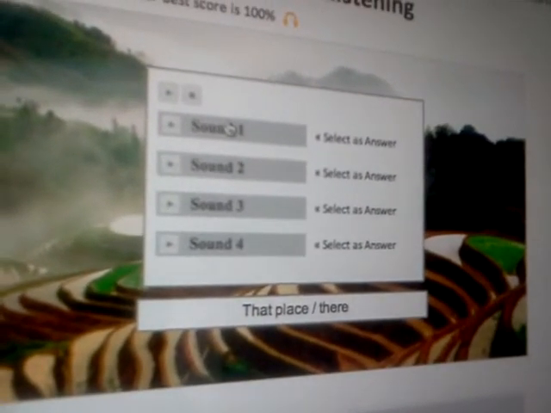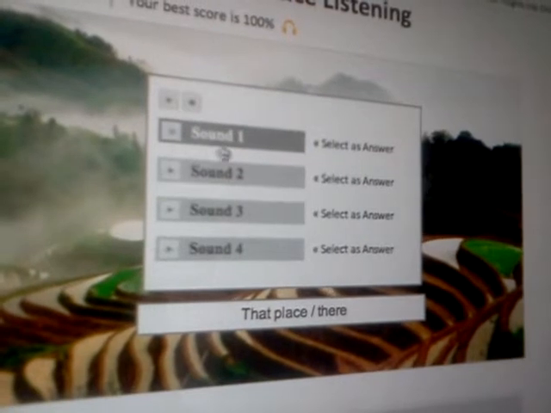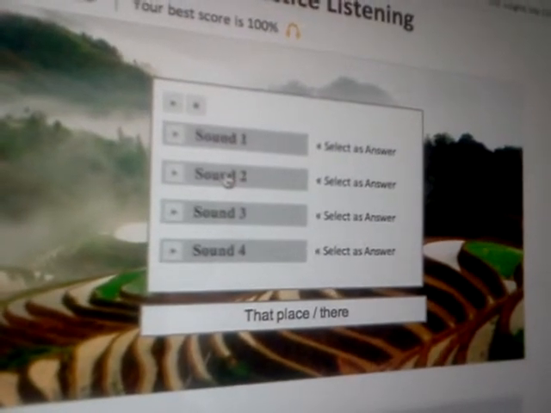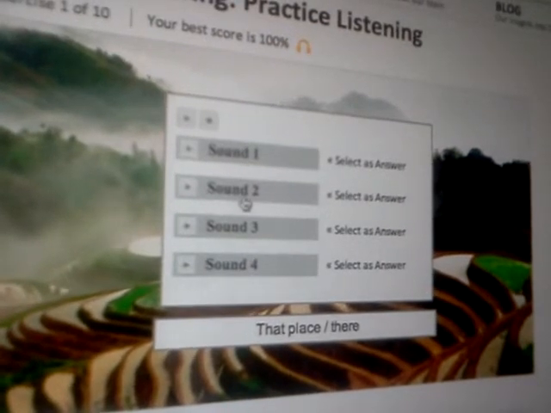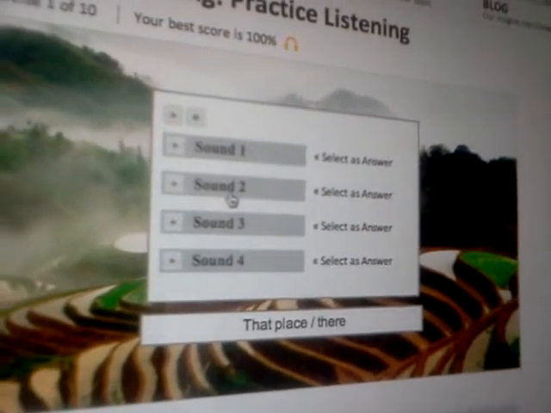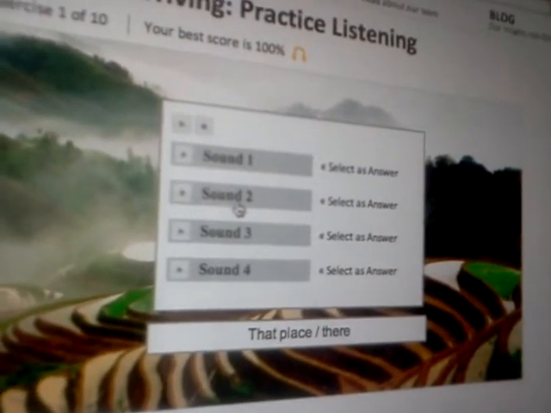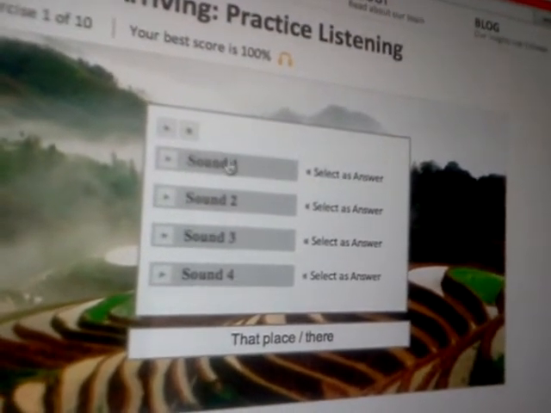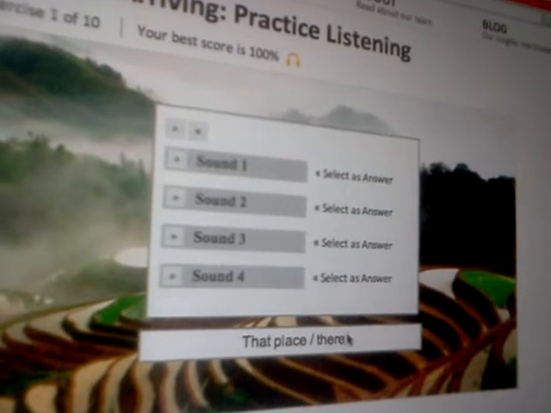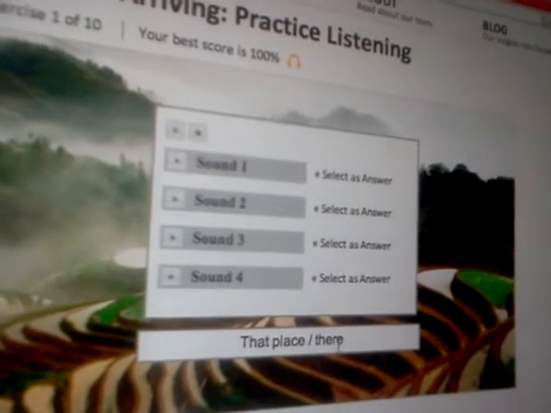So it goes 那里, and then this one is 哪里. This second sound, 哪里, is actually where. So you would ask 哪里, and your answer would be 那里, which, if I can remember correctly, is there.